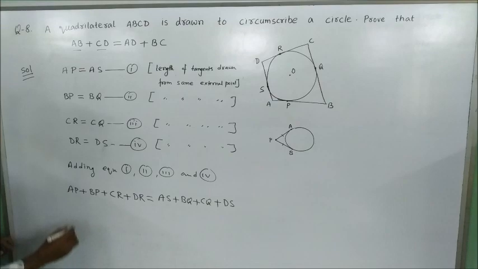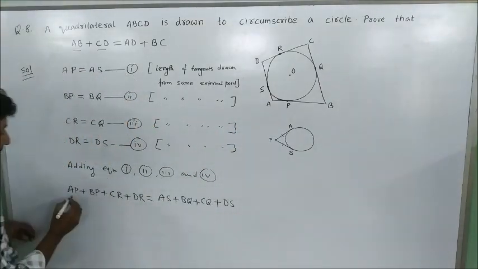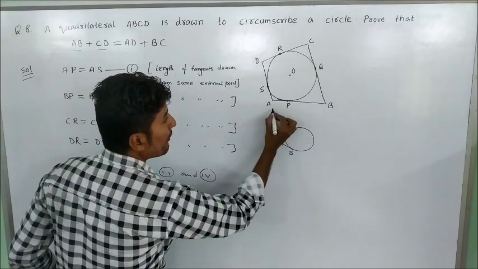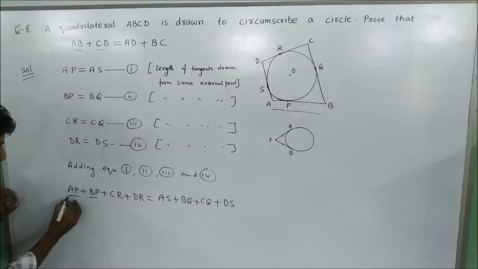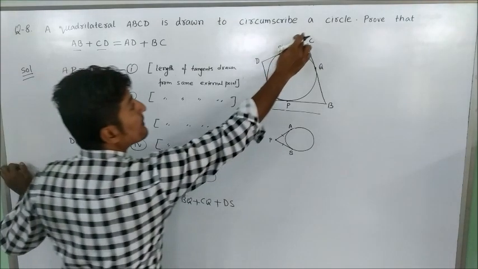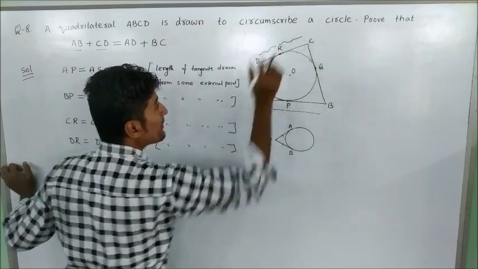After that we have to make pairs such that we get the same side. So here AP plus BP, in the place of AP plus BP we can write AB. Similarly CR plus DR, the sum of CR and DR will be equal to CD.